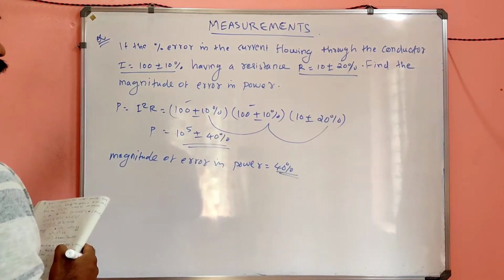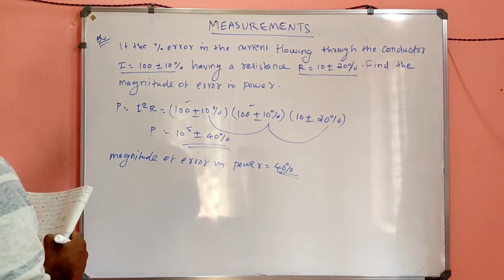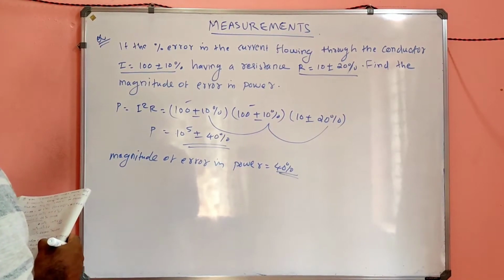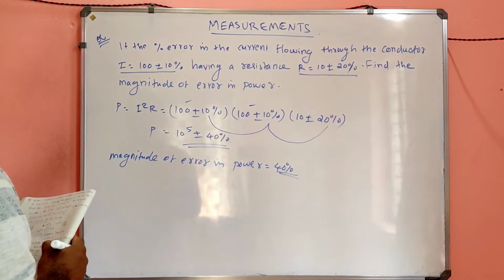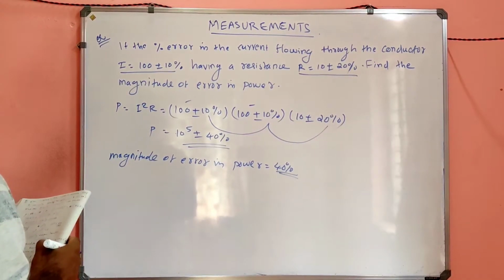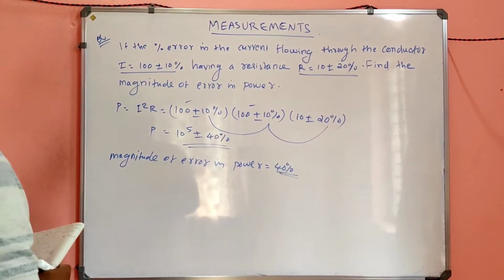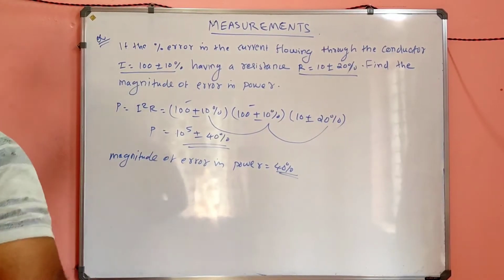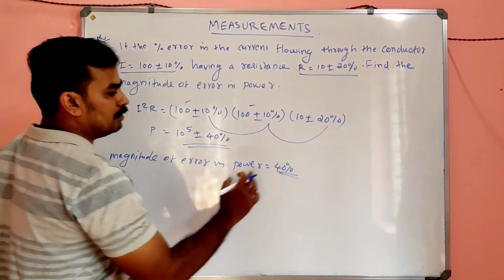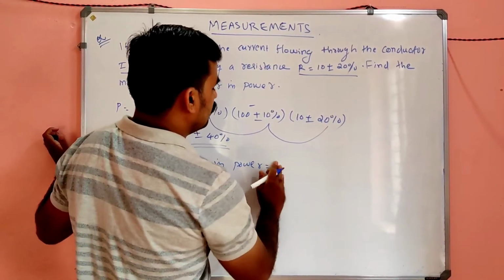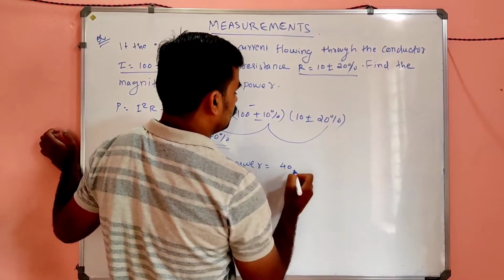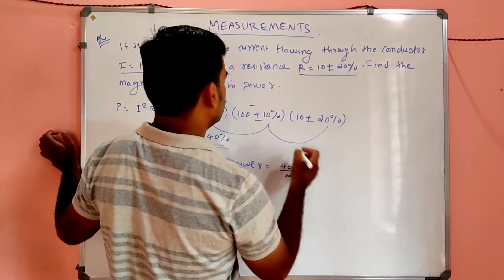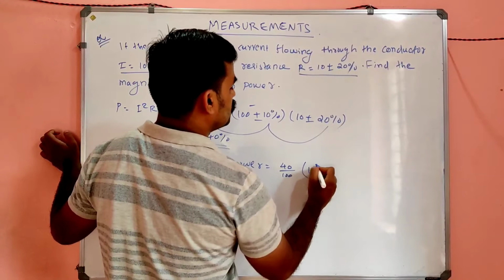20 plus 20, 40. Okay, so this is the percentage error, correct? Magnitude of error will be simply what? 40% means 40 by 100 into the magnitude, which is 10 raised to 5.